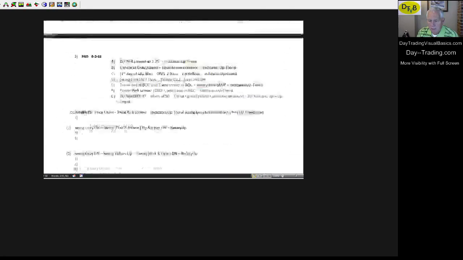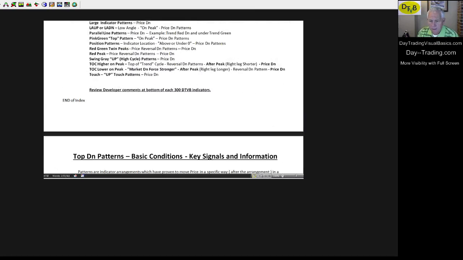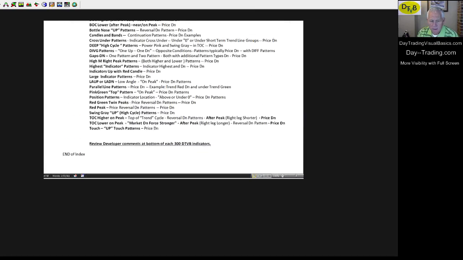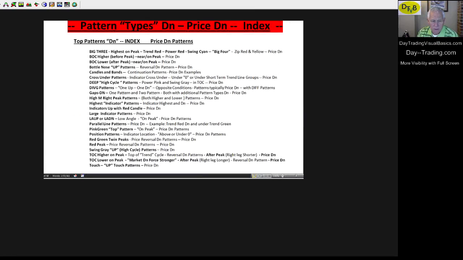Moving on to the patterns down category here. Similar categories throughout. Here's the high M patterns in a price down situation. That's the reciprocal for the right leg W patterns. You have deep cycle patterns here as well. Those are power pink and swing gray.